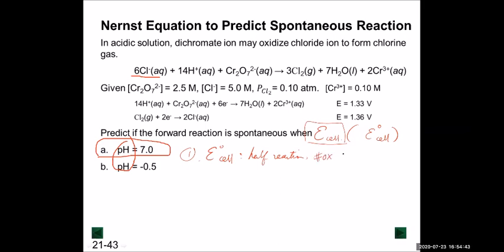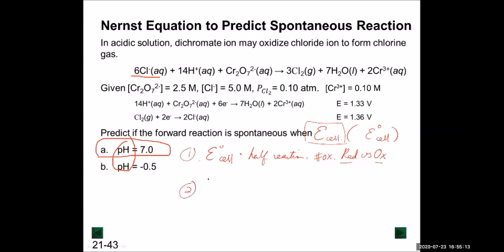Find the oxidation state for each element, and then you will know reduction half versus oxidation half. And then once you know this, you can calculate based on the standard reduction potential of these two. Find the cell potential. Okay, so that's the first step.